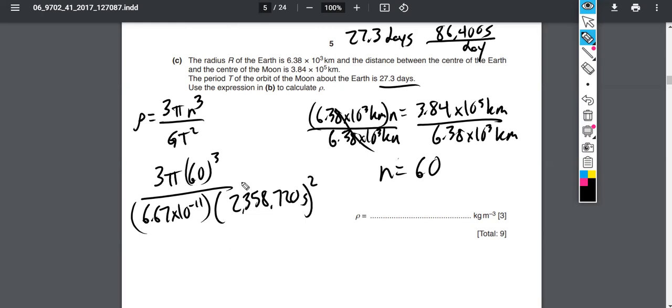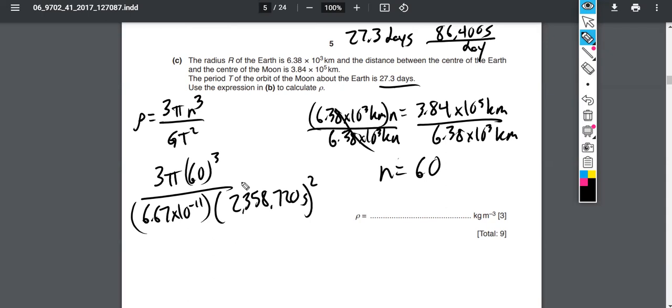All right. Be careful how you type this in. 3 times pi times 60 times 60 times 60 divided by, use grouping symbols for this, 6.67 times 10 raised to the negative 11th. And then, whoops, I messed up.